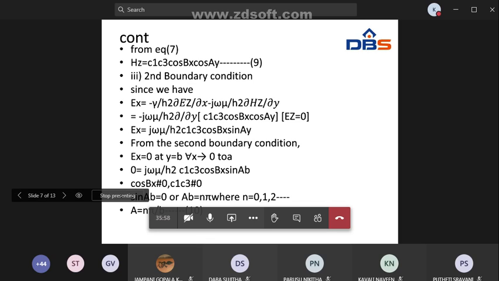Okay. So substitute the second boundary condition in this equation, then you will get Ex equal to 0. So 0 equal to j omega mu by h square C1 C3 a cos bx sin ab, right? Here cos bx not equal to 0 and C1 C3 not equal to 0 and sin ab equal to 0. So from this sin ab equal to 0 or ab equal to n pi. So we can write a equal to n pi by b.